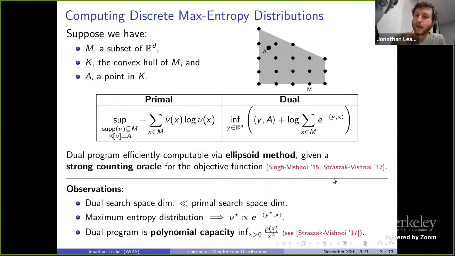Okay, and another comment I will make here is that if you transform this a little bit by exponentiating this objective and exponentiating some input here, you end up getting this polynomial capacity problem. In fact, this dual is pretty much equivalent to polynomial capacity with this very easy transformation.